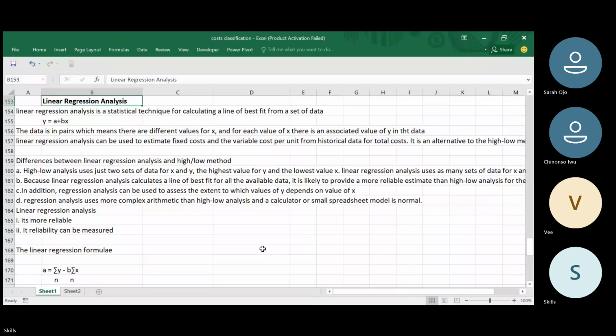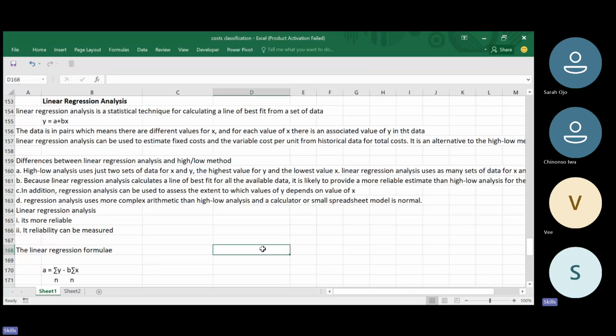You're welcome. So now we say regression analysis uses more complex arithmetic than the high and low analysis. A calculator or small spreadsheet model is normal. So linear regression analysis has more calculation than the high and low.